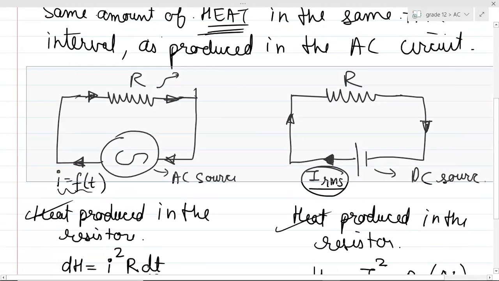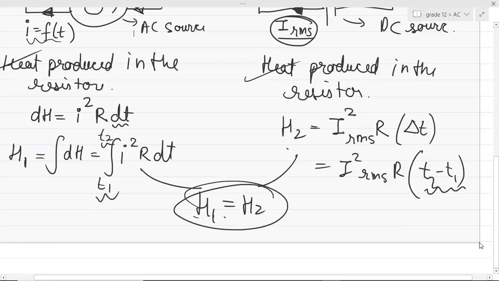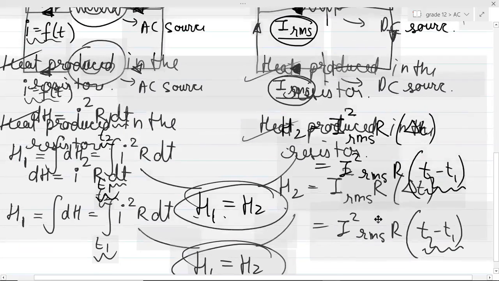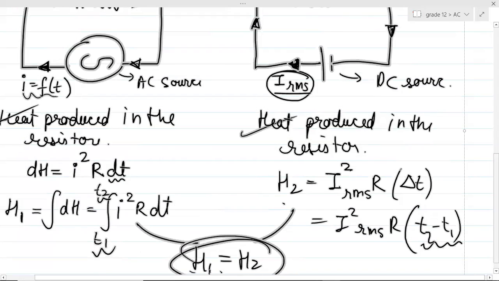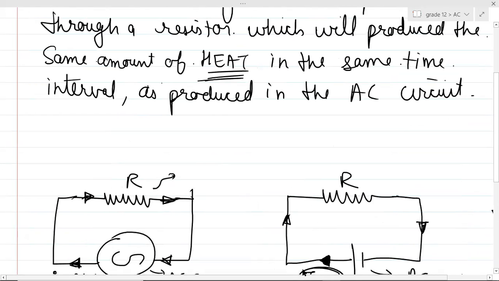You need to add a little bit more in the definition. But how do you not change the direction in an AC source? If you take only a half cycle, if you integrate it only for a half cycle, then what will happen? We're supposed to consider only a half cycle.